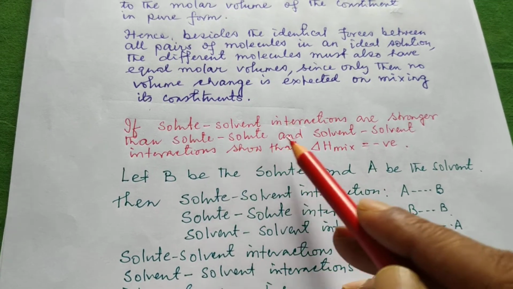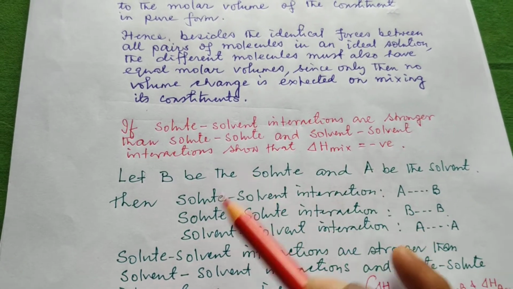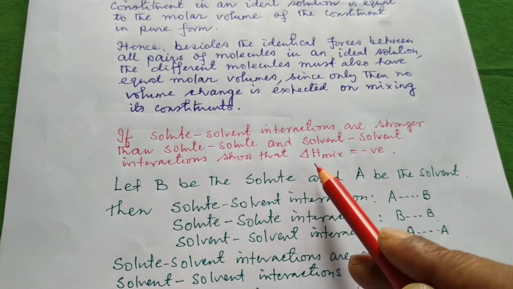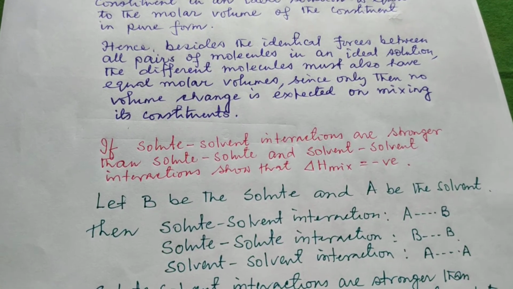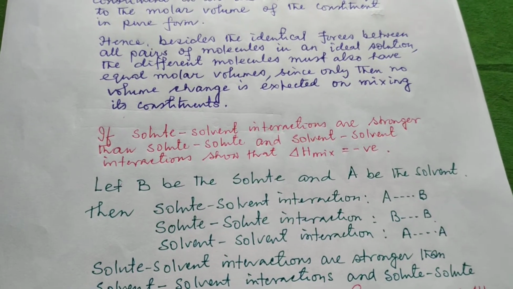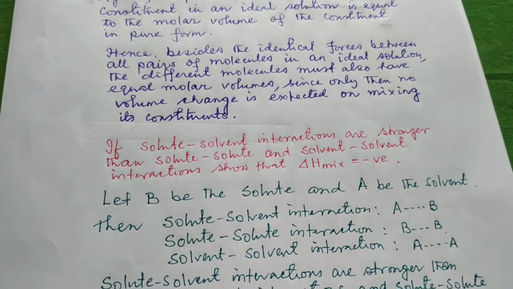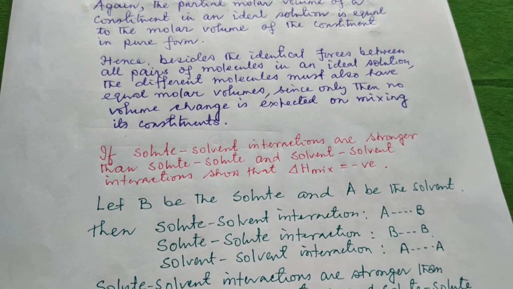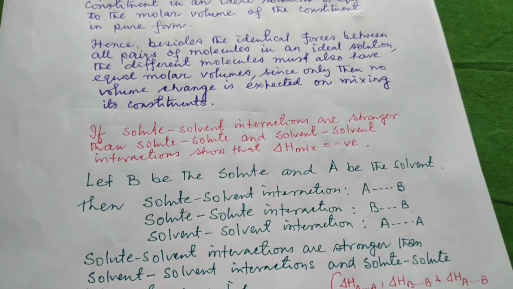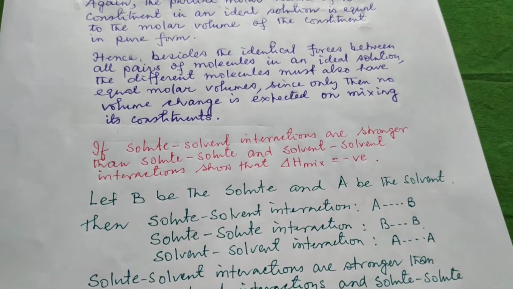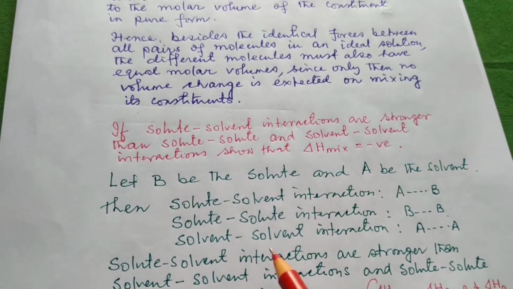Now, if solute-solvent interactions are stronger than solute-solute and solvent-solvent interactions, show that delta H mix is negative. Let us consider B to be the solute and A to be the solvent.